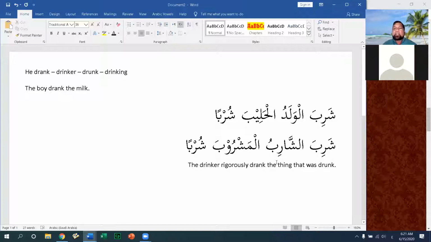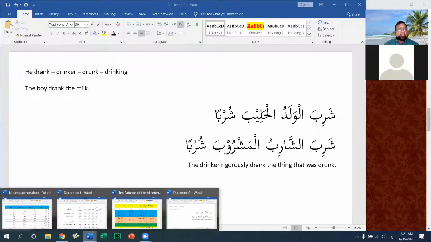The drinker drank the drunk, we don't say that. It's going to be misleading in English. But in Arabic, there's a structure to form these words. You don't just add suffixes and prefixes and twist the words out of shape. No, we have patterns for them.